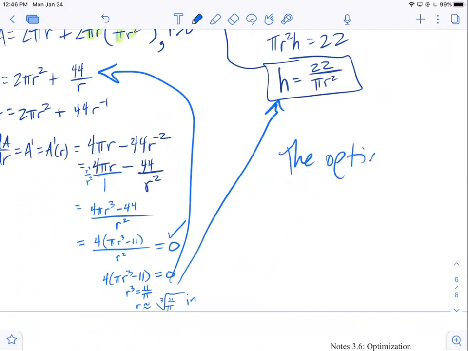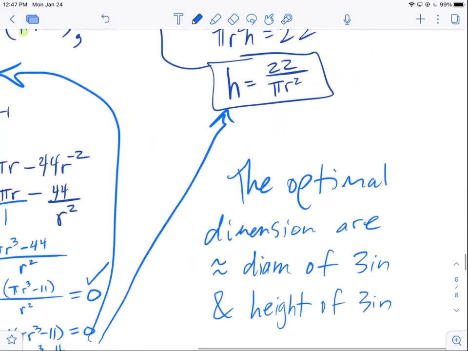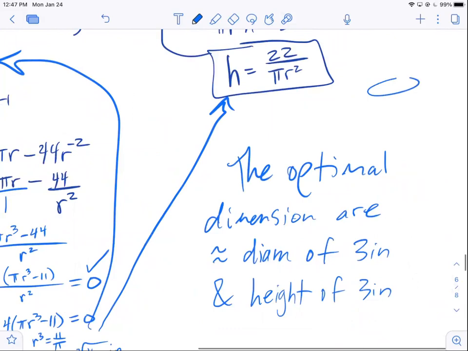So there you go. Now, when the calculations are done correctly with the decimals intact, it turns out that the optimal dimensions are approximately a diameter of 3 inches and a height of 3 inches, believe it or not. You can verify at home, but the radius ends up being about 1.5 and the height around 3, which means that the optimal 12 fluid ounce soda can would fit perfectly inside a 3 by 3 by 3 cube, right?